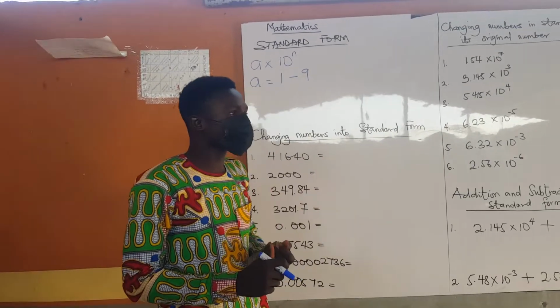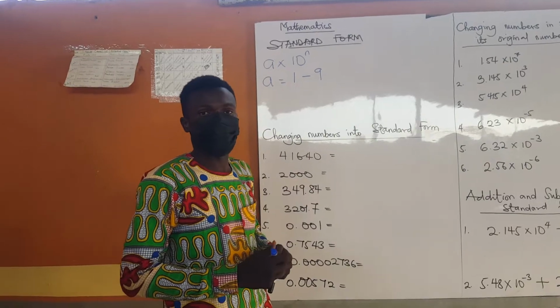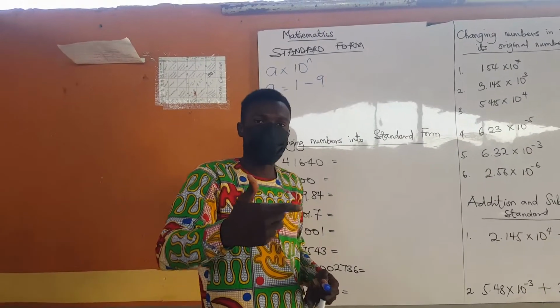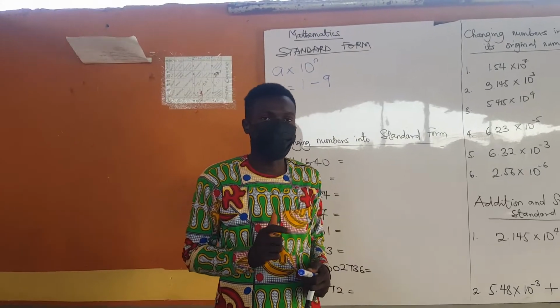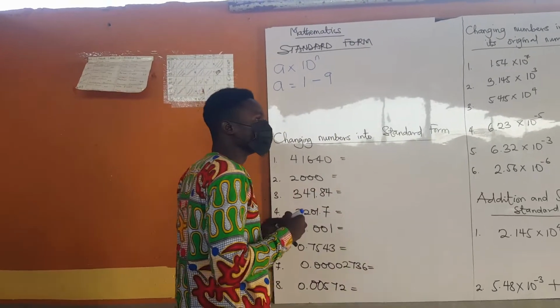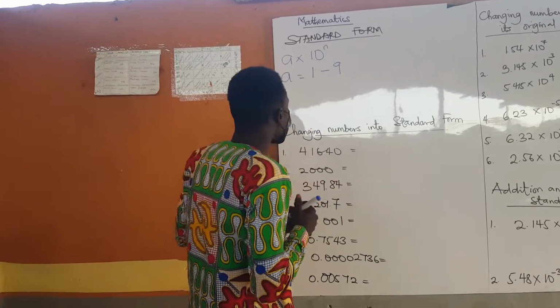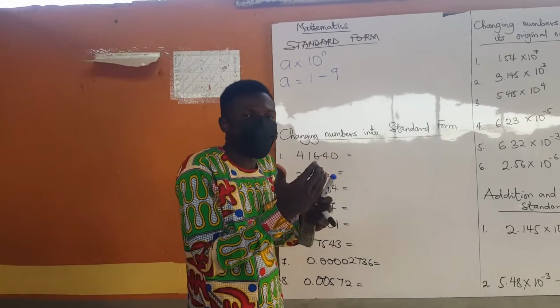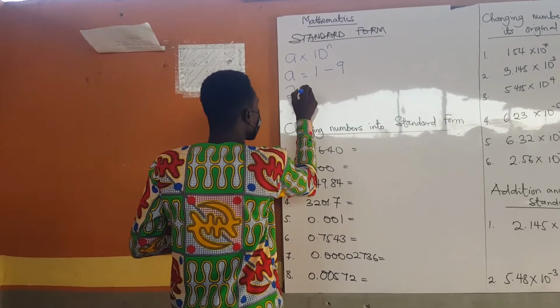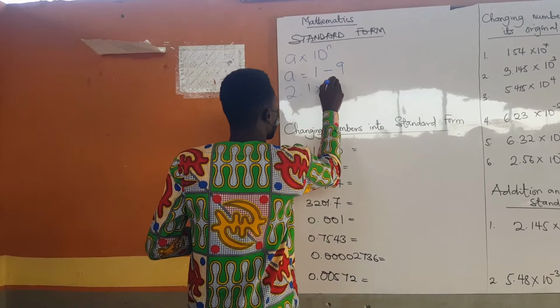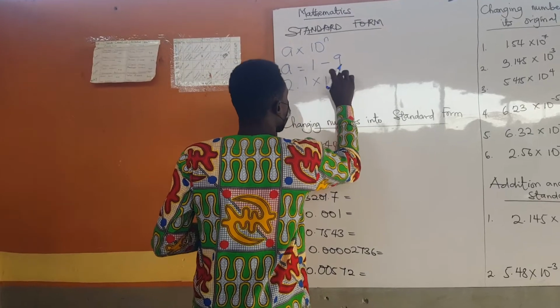And n represents the power of the number. An example of a standard form is 2.1 times 10 raised to the power 2.